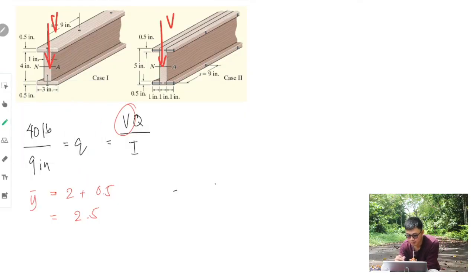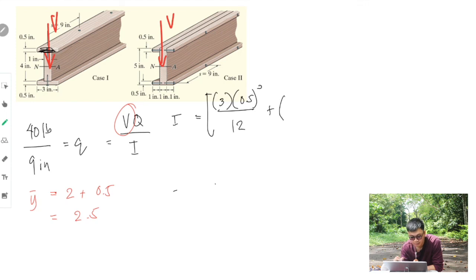And you have to solve for your I. Your moment of inertia is equal to base of 3 times height of 0.5 cubed over 12, plus the area of 0.5 times 3 times the distance from the neutral axis, which is 2.25, squared.